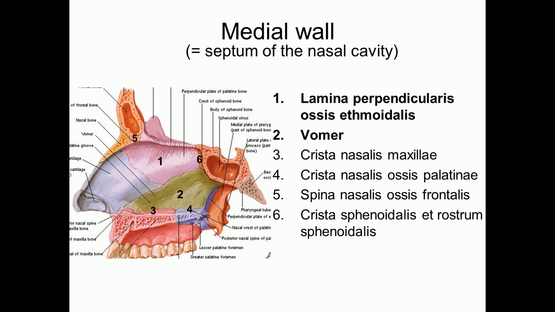And you can ask me why we did not designate this part of the septum of the nasal cavity, this blue part, because the nasal cavity has not only bony walls but also cartilaginous walls, and this is cartilage. It isn't bone.